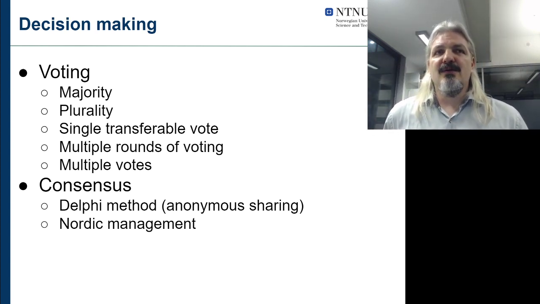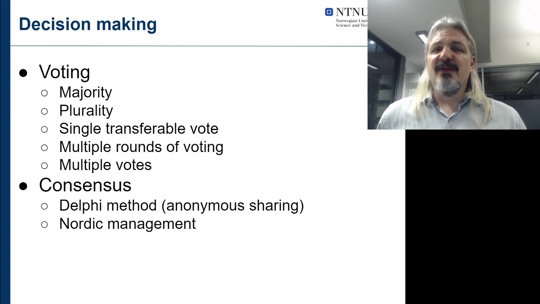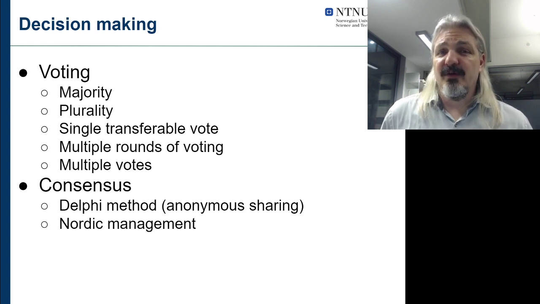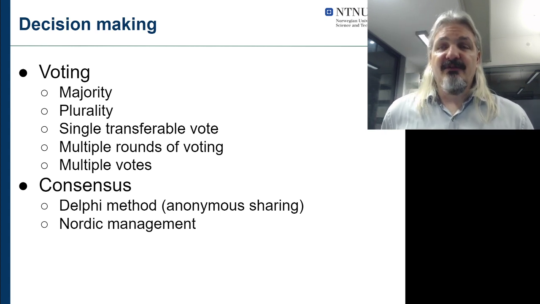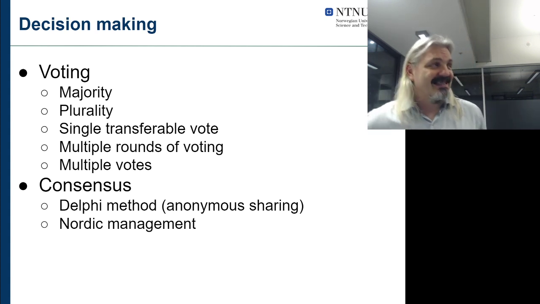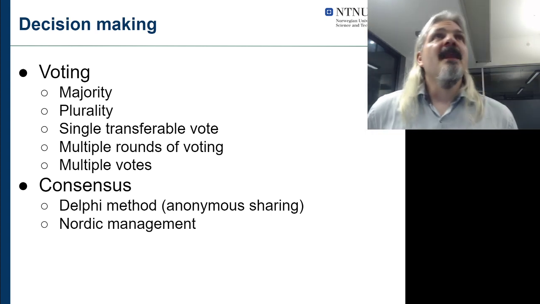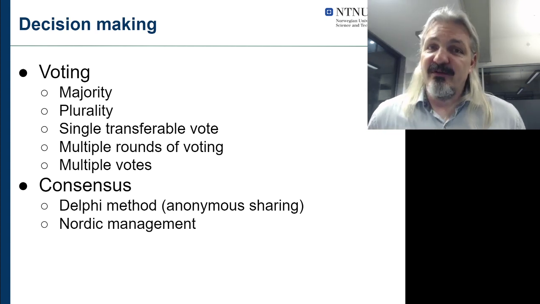So let's say you have a group of 6 people, and you have 4 ideas. Majority would mean 3 people have to pick one of those ideas. If you can't get a clear majority, then you have to keep negotiating, right? So that would be a majority vote. A plurality vote is where whoever gets the most votes, even if it doesn't get a majority of votes, will win, right?